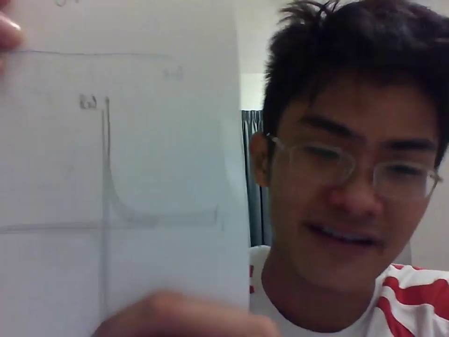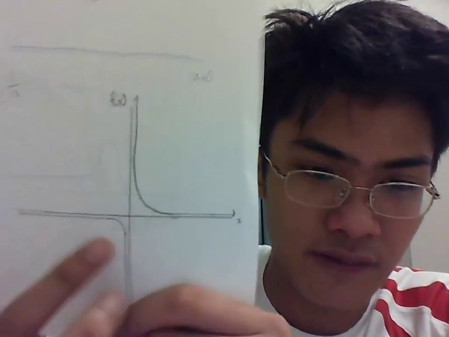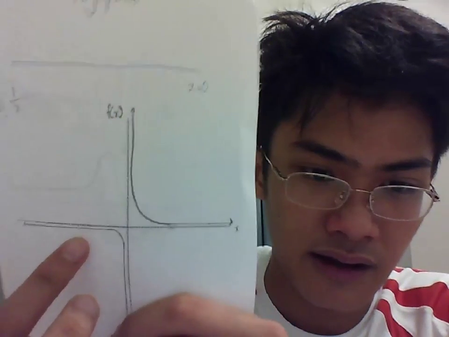However, there's also a myth. The myth is that functions cannot touch asymptotes. However, this isn't true. Because the definition states that an asymptote of a curve is a line such that the distance between the curve and the line approaches zero as they tend to infinity.